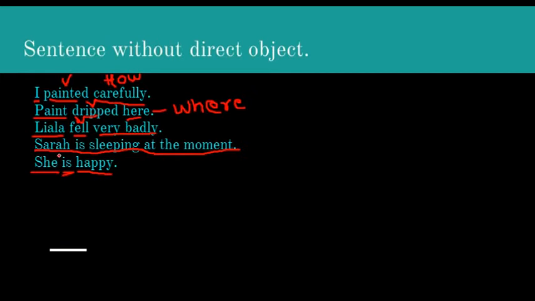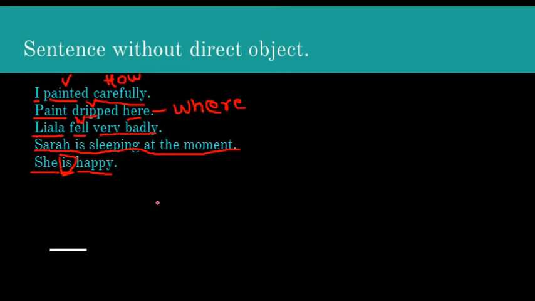Is is a linking verb. And after the linking verb, if we ask what, we have the word happy.